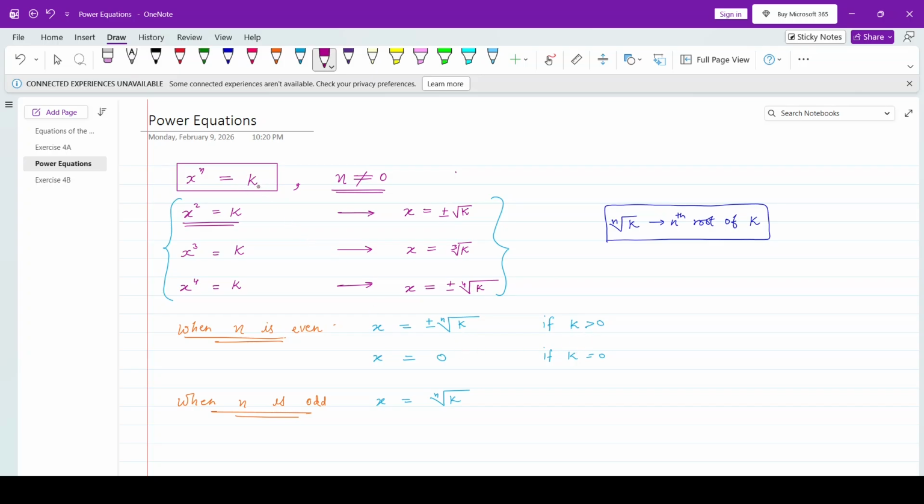And if k is 0, then x is simply 0. In case when n is odd, x is equal to nth root of k. So using these formulas, let's solve problems from exercise 4b.